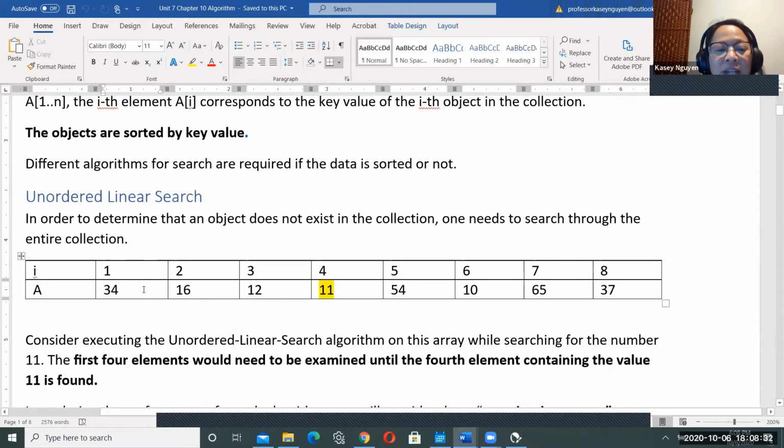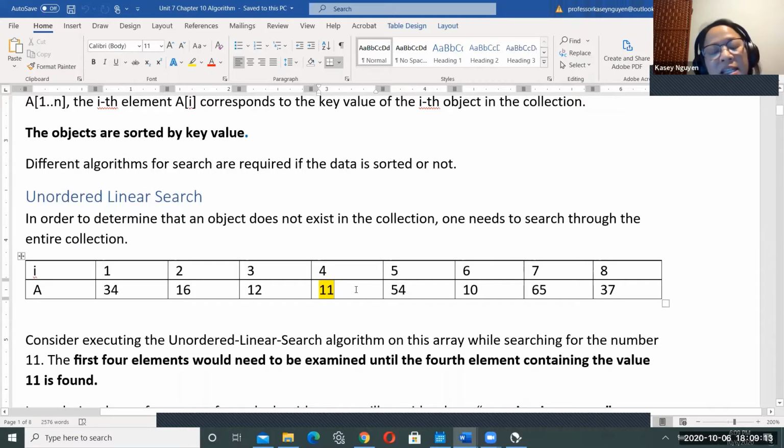So let's say in the first element we have 34, the second 16, and so forth. So this is our data set. Now we are seeking our key, which is number 11. And in this container, it is at the 4th element, okay? So when the search is being processed, when it's doing it linearly, it has to examine every single item until it gets to the key, okay?